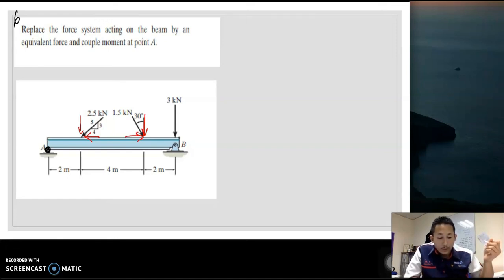So for X direction, we have positive Fx is equal to 1.5 kilonewton in X direction, sine 30 degree on the right direction, positive, minus 2.5 kilonewton times 4 over 5.